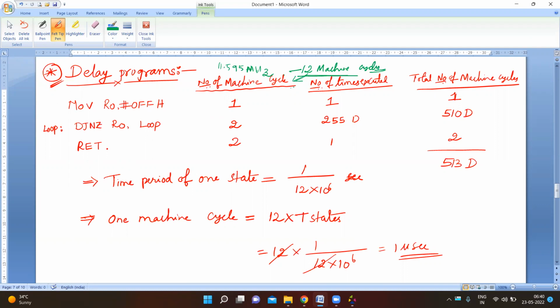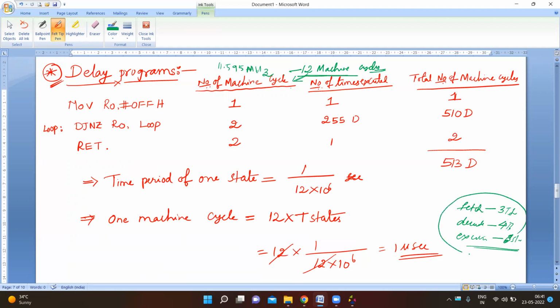The fetch cycle requires 3 T states, decode requires 4 T states, and execute requires 3 T states, six states like that.